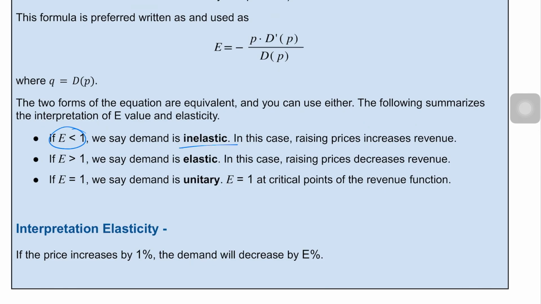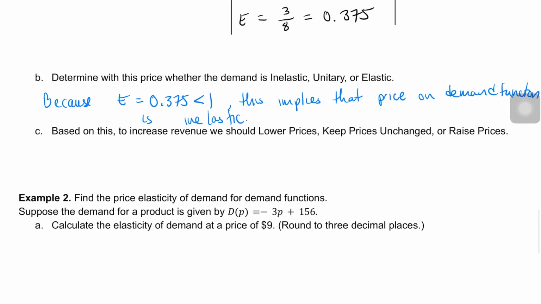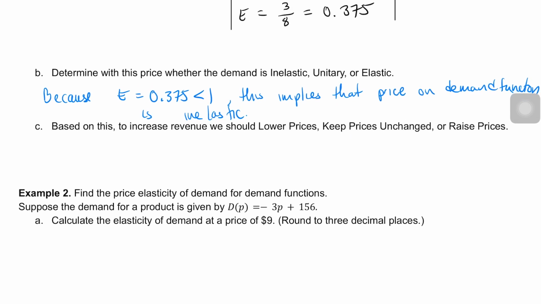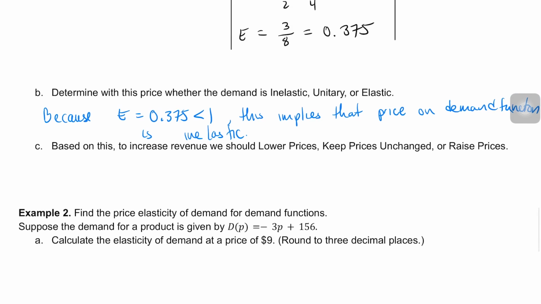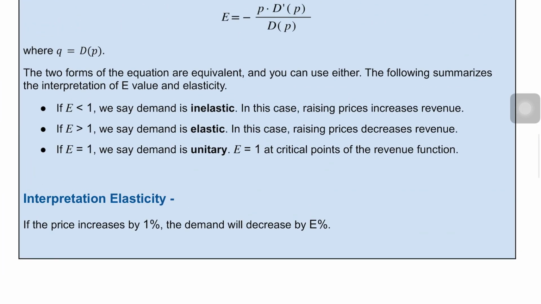Less than 1, inelastic. All right, and that's it for that part. Based on this, to increase revenue, should we lower prices, keep prices the same, or raise prices? Well, when it's inelastic, we know that's a good opportunity for us to raise prices and increase the revenue.